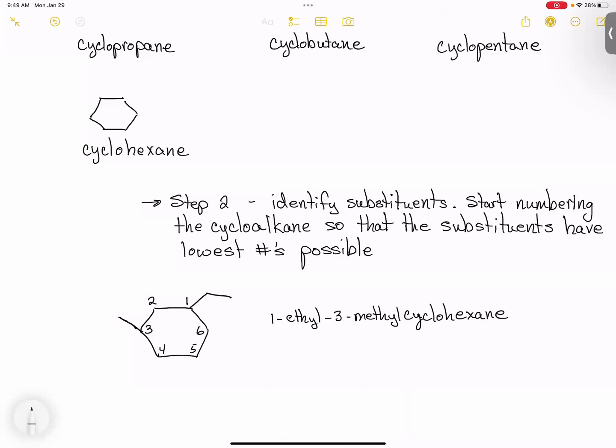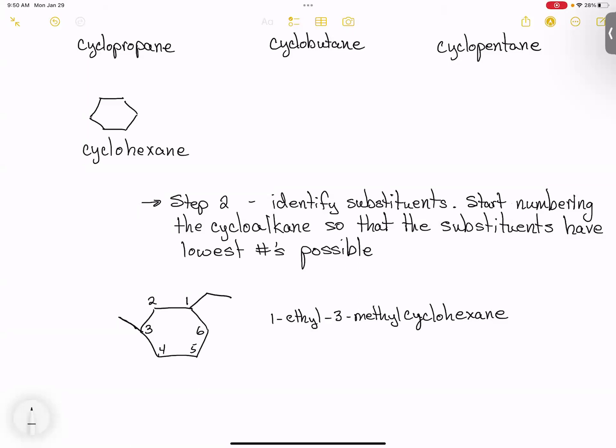Folks, in other words, it's the same as what you just did with alkanes. You identified the longest chain in the alkane. Well, the only difference is now it's obvious who your parent has to be, because it's got to be the cyclic group. And then you're going to name your substituents.